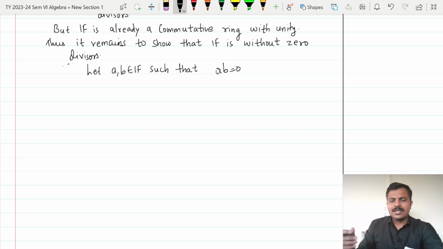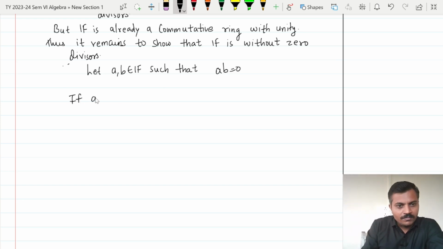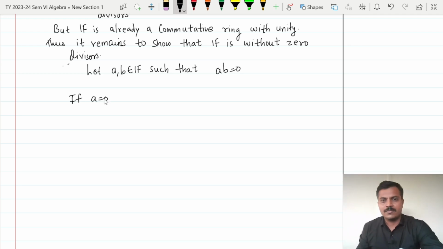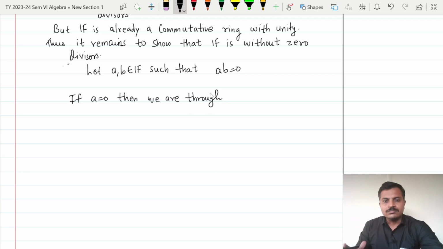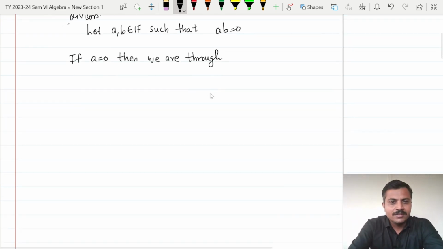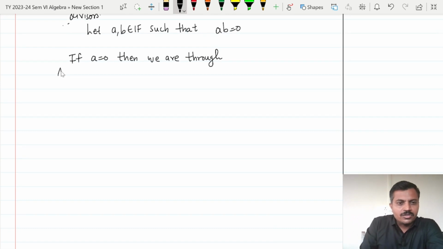But let us say if the value of A is 0, then we are through, isn't it? Because we have to show A is equal to 0 or B is equal to 0. If A is equal to 0, then we are through. So now let us assume A is non-zero and see what happens.